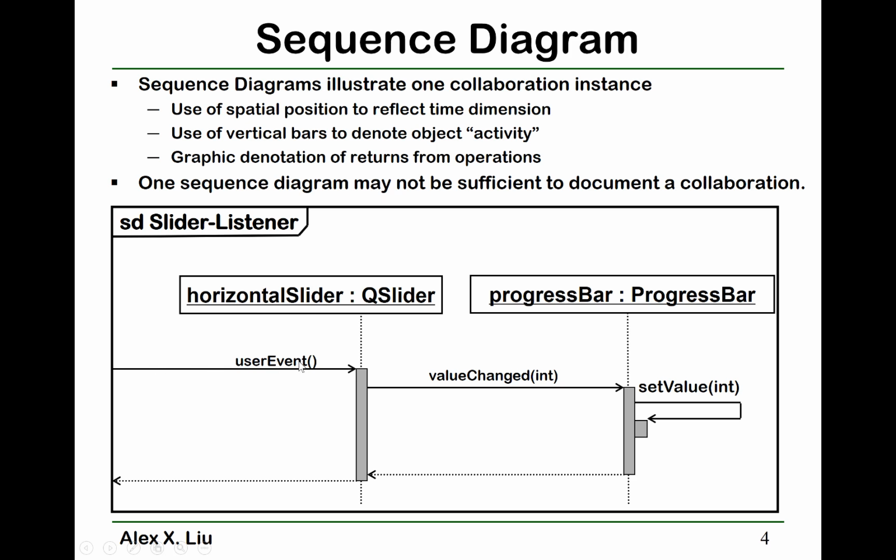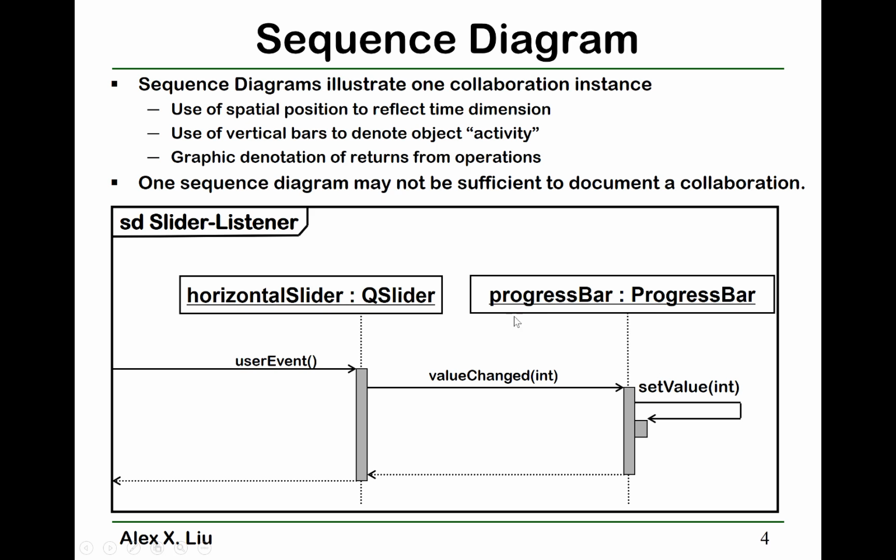All right, so this horizontal slider receives a signal from the user event, and then it starts executing, and then it sends a value change message to this progress bar, with an integer as the type.